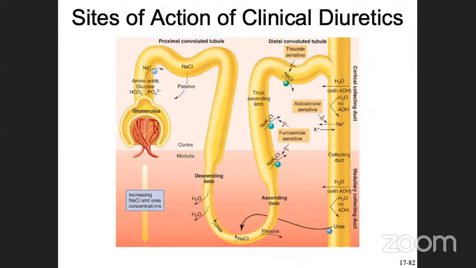Thiazides are the most commonly prescribed, I could say, and the most often used to treat hypertension. For people with hypertension, you commonly use these diuretics because you want them to excrete more water, so that the blood pressure will reduce.